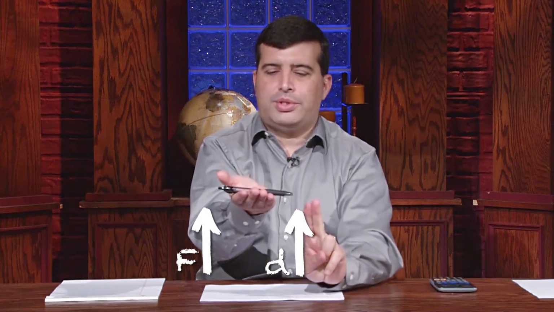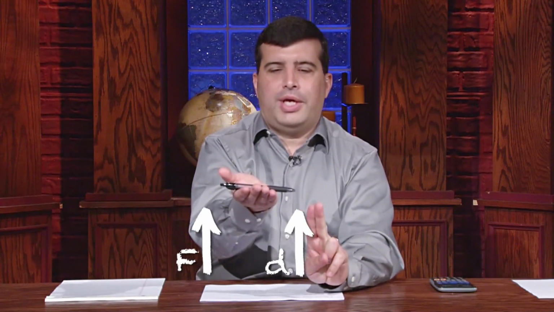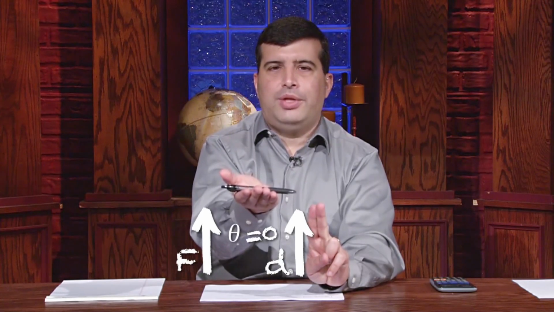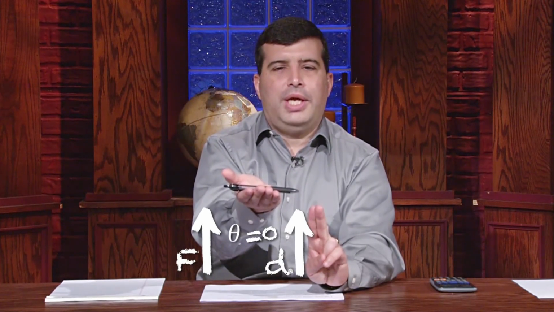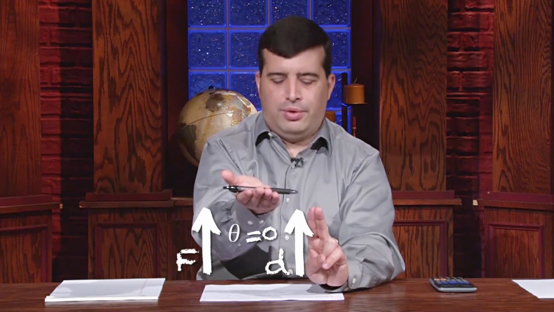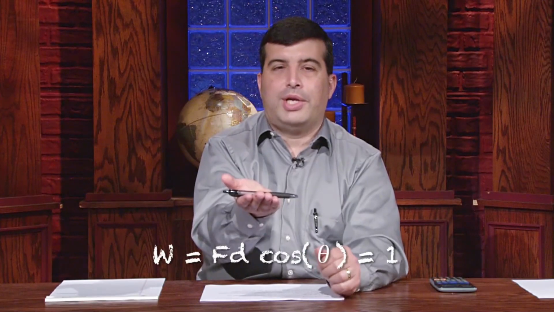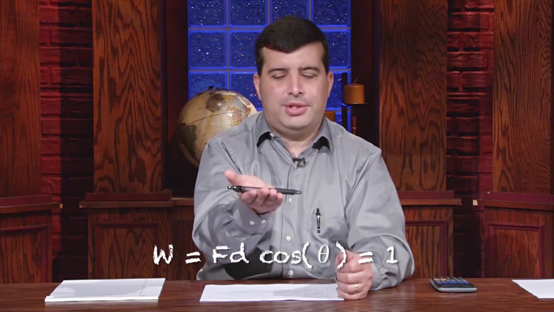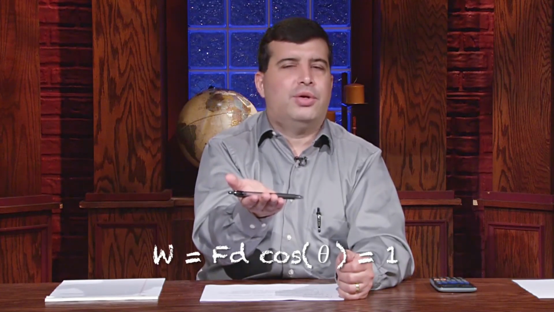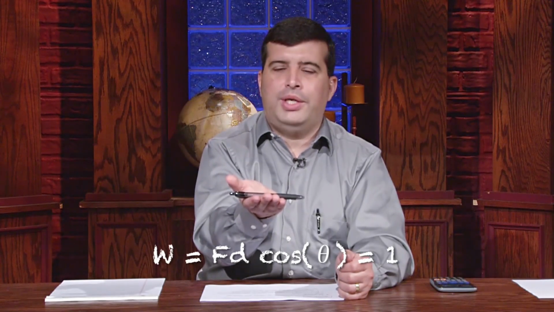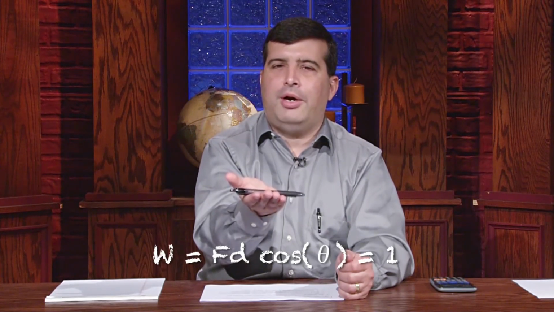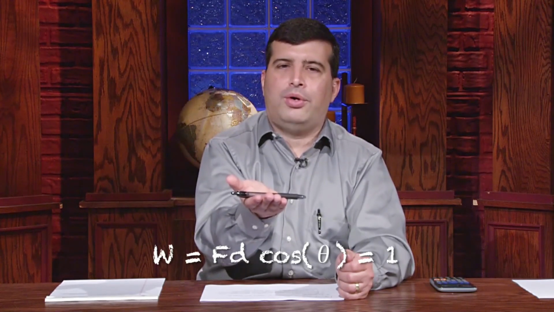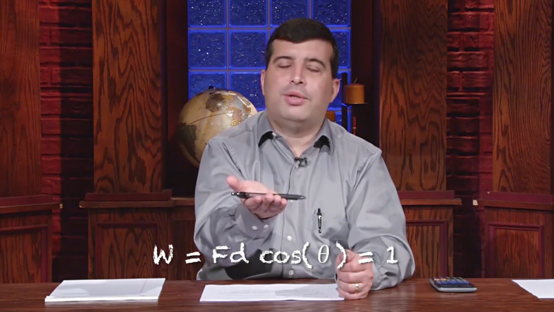I've moved it a distance that is also upwards, so the angle between the force and the direction of motion is 0. So the work I did in raising it is the force that I'm applying to the pin times the distance that it moved times cosine of 0, which is 1. So as I lifted the pin up, I did a positive amount of work on it, and I've increased the pin's energy.